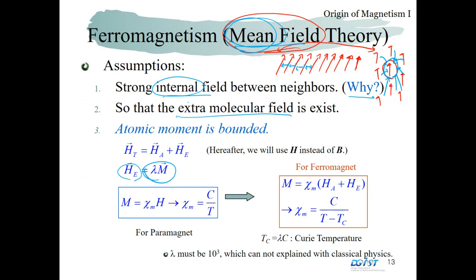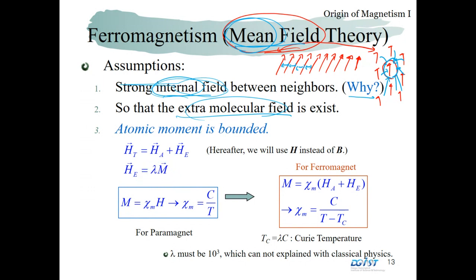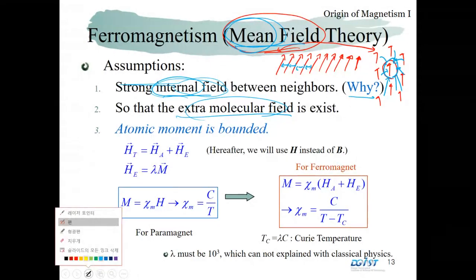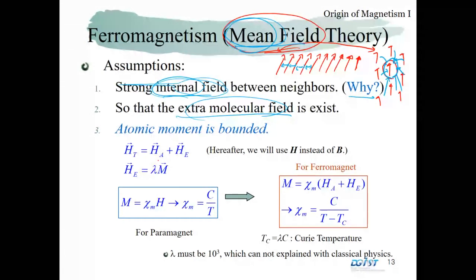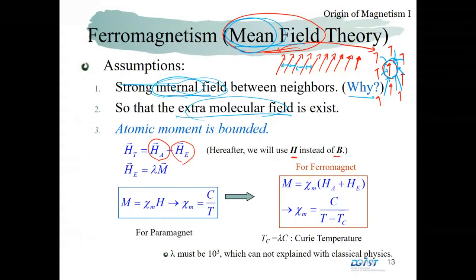So we can model this internal field by the extra molecular field, which has this simple relation. As a result, the total field of the system is the external applied field plus the molecular field. I'm sorry about confusing the H field and the B field. Sometimes I use H and sometimes B, but eventually they have the same meaning.